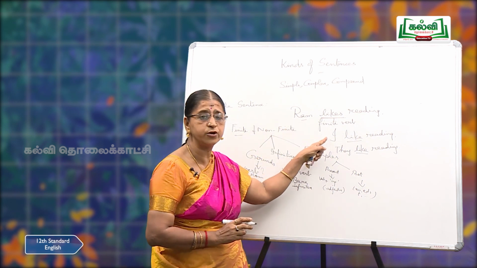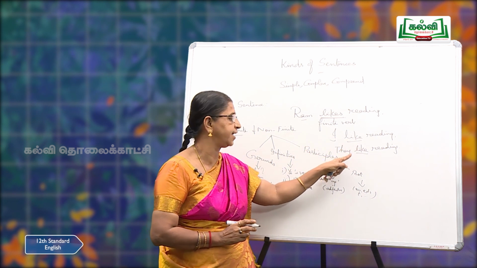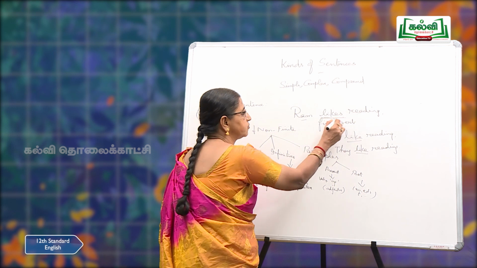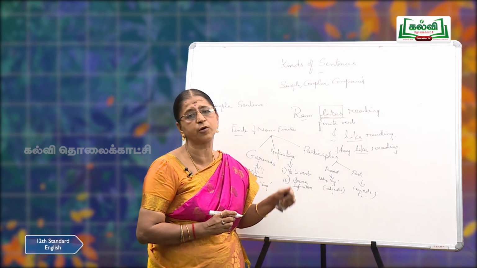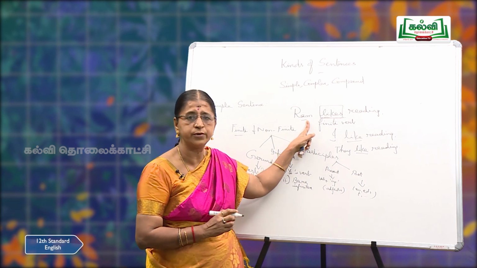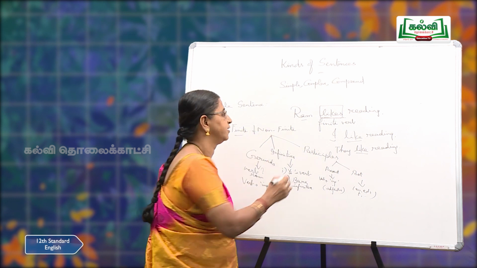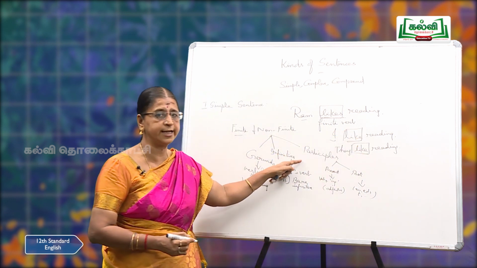Now here when I use I say I like reading, and when I use the plural form I say they like reading. So this verb which depends upon the person and the number of the subject, it is finite, it is definite, it is restricted to the number and person of the subject. So such verbs are called finite verbs. So is this clear to you?